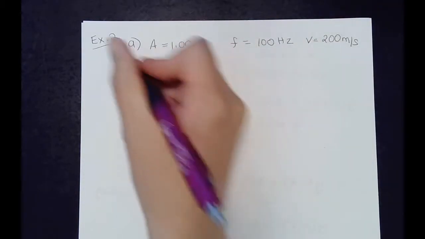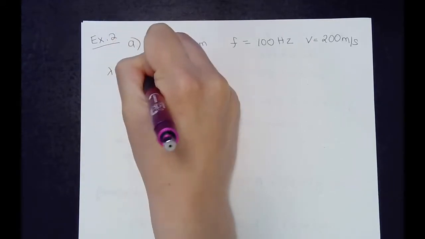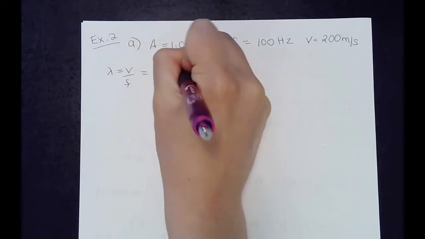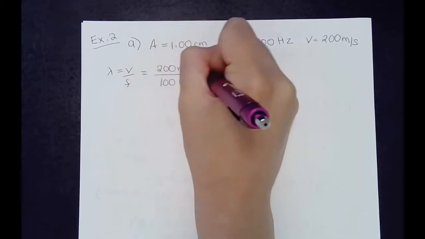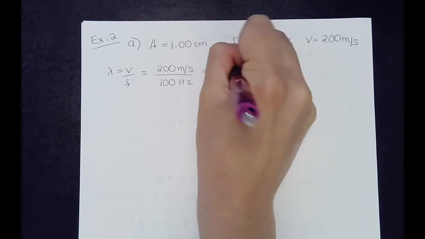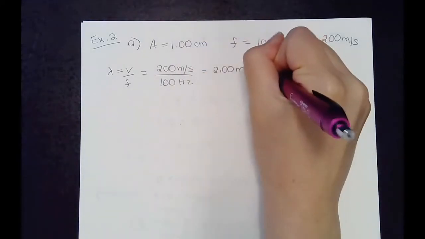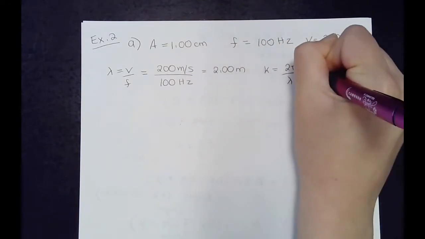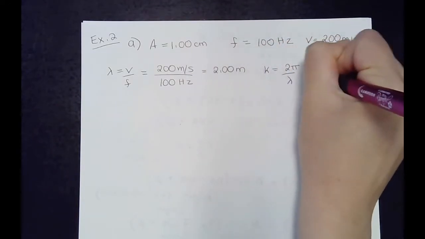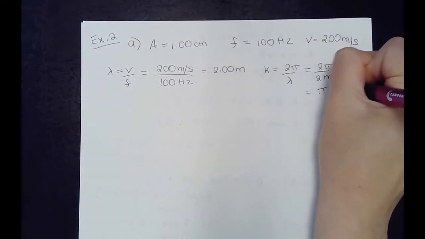And from that, we can find the wavelength, that's v over f. 200 meters per second over 100 hertz, so 2 meters. And then k is 2 pi over lambda, so 2 pi over 2 meters, which is pi radians per meter.